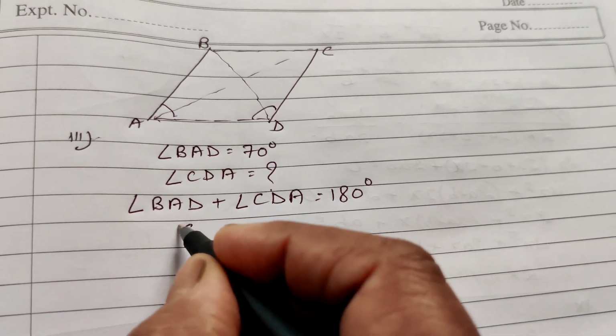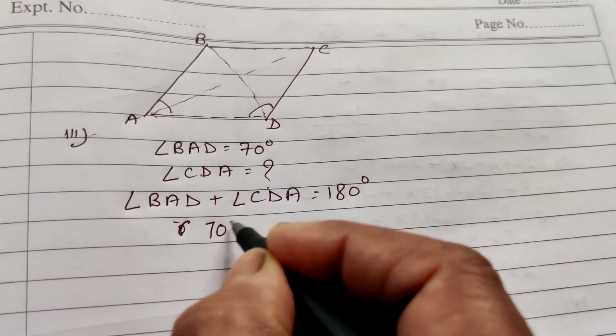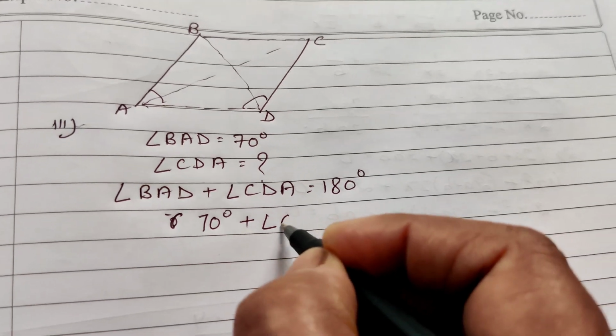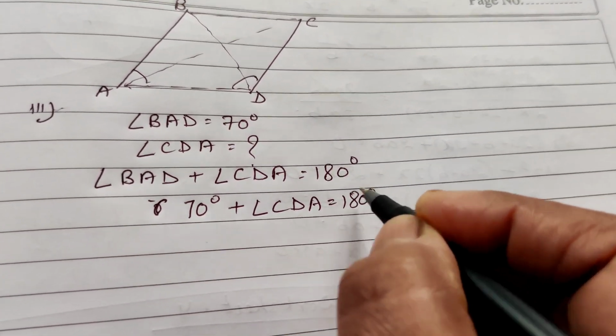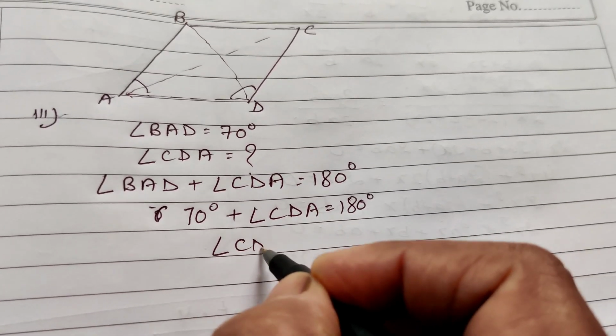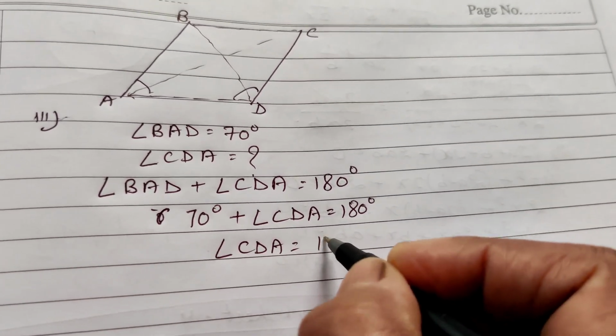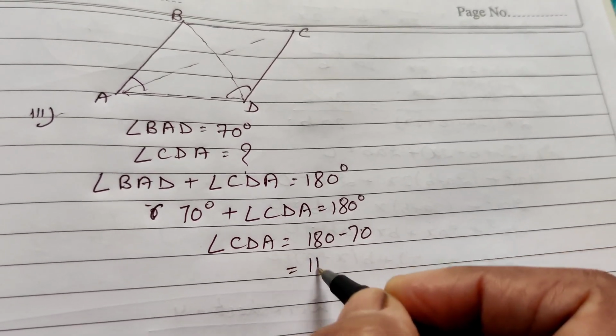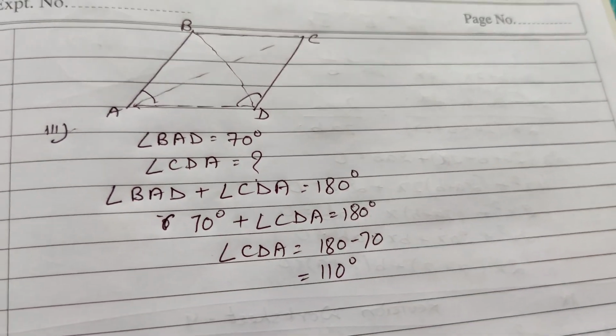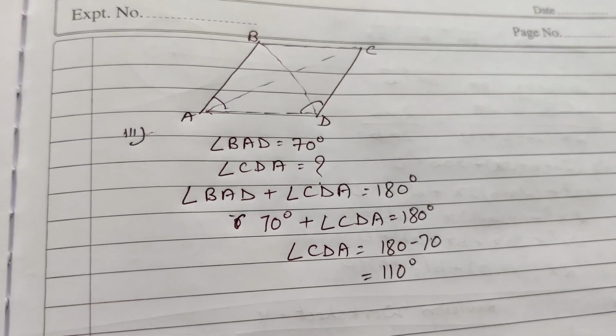The BAD is 70 degree plus CDA equal to 180 degree. Angle CDA equal to 180 minus 70 equal to 110 degree. Okay, this one is the third.